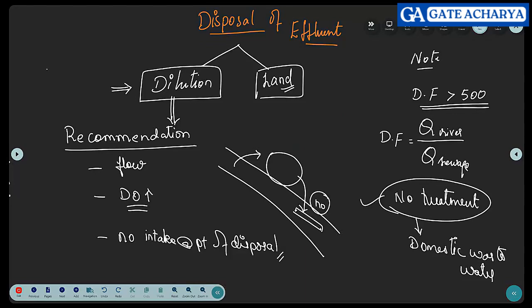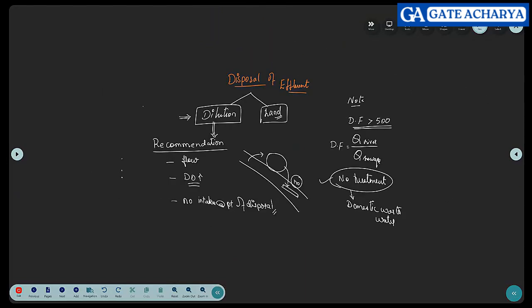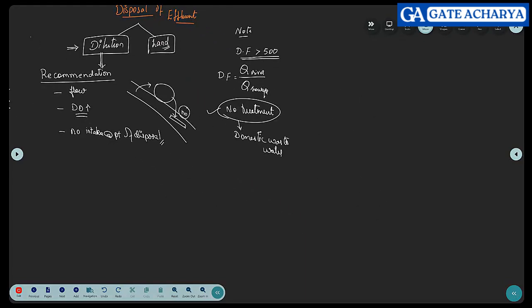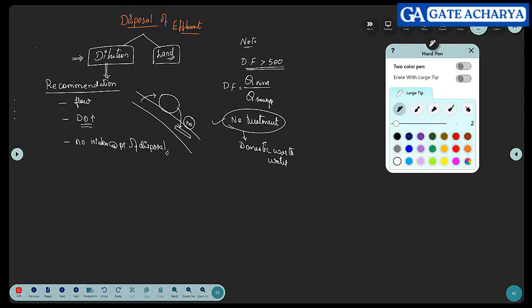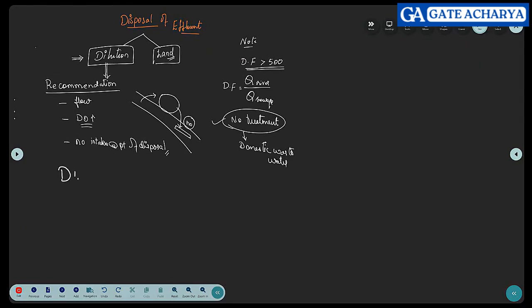Okay, then what are the limiting values? Disposal water parameters or limiting values. We can mention them as limiting values.